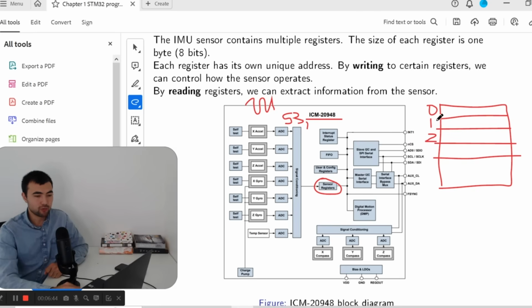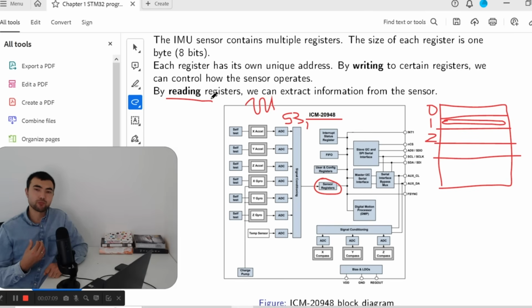And we can write to certain registers, and it allows us to control how the sensor operates. For example, register 1 might be responsible for the sampling rate, how frequently the sensor will sample data. In addition, we can read registers to extract information from the sensor.